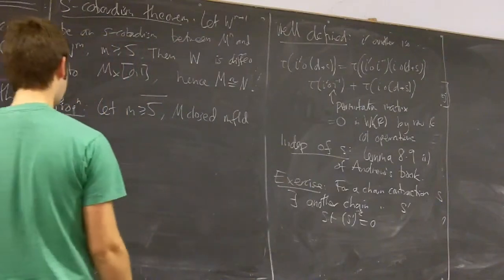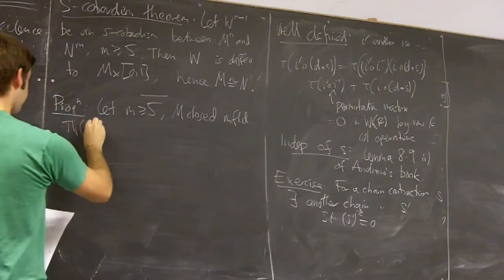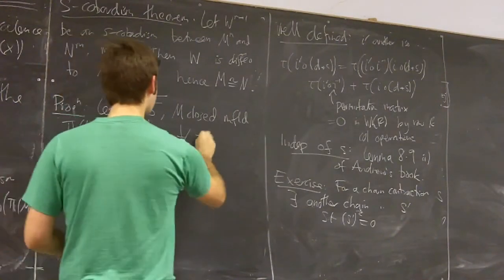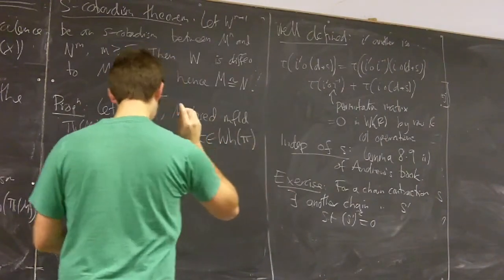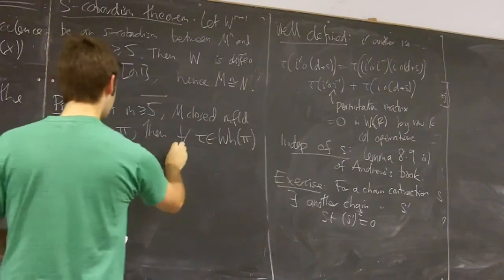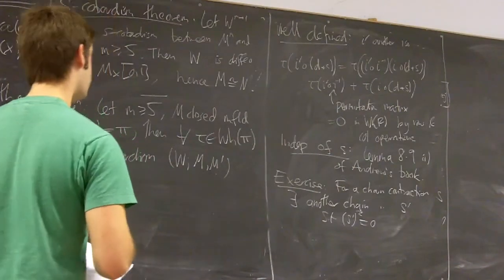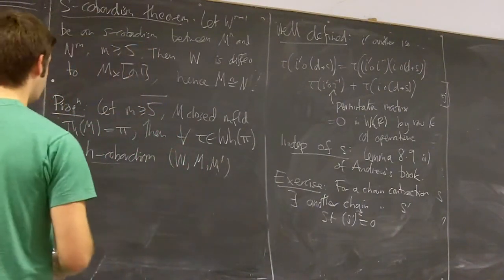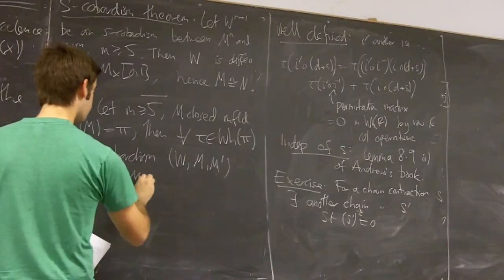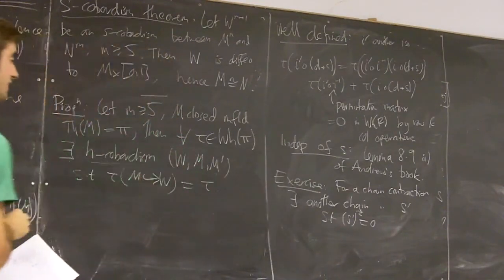So if we have a closed manifold M of dimension m greater or equal to 5, where the fundamental group is pi, say, then for all elements tau of the Whitehead group of pi, there exists an h-cobordism from M to another M prime, such that the torsion of this h-cobordism is our element tau in the Whitehead group.